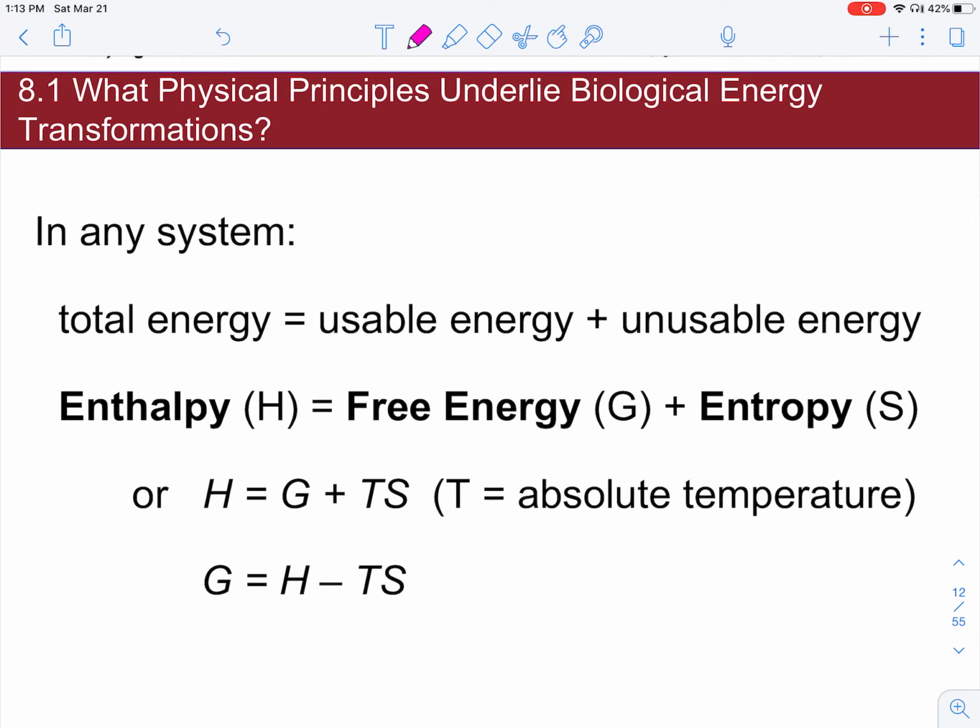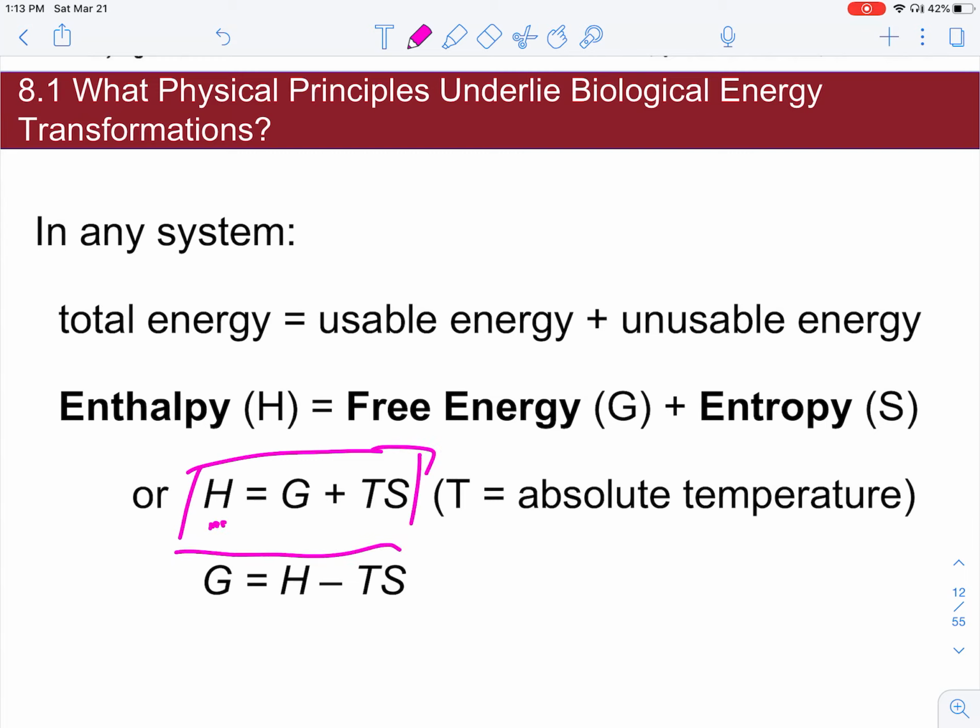So we can quantitate this, and we aren't going to go deep into this. We do in biochemistry, which you'll take in a couple of years, but we can quantify this in a formula that simply says what we said before.